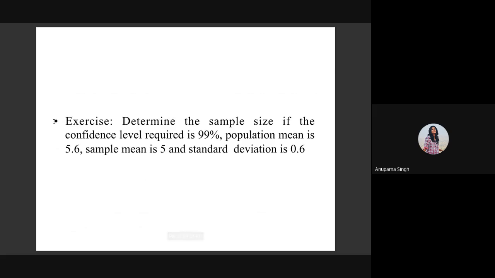We have different kinds of formulas for calculating the sample size, but these two are the easiest and the most popularly used formulas. But when you go for multi-stage sampling or multi-phase sampling, at that time you also have to take into account the size of the population or strata or characteristics, so that you can make a better decision.